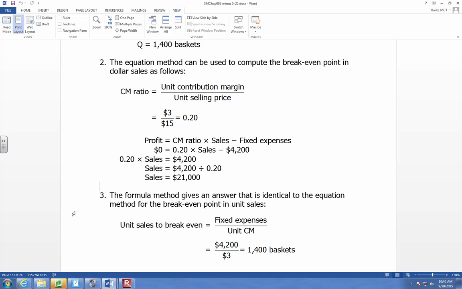Stop me if I'm going too fast. Are these always going to yield the same answer? Of course. And 1,400, excuse me, times the $15 is the 21,000, right? You should be able to go back and forth between units and dollars very easily.